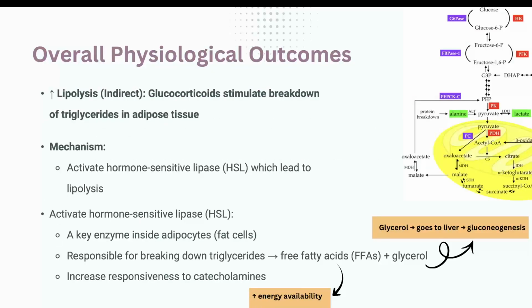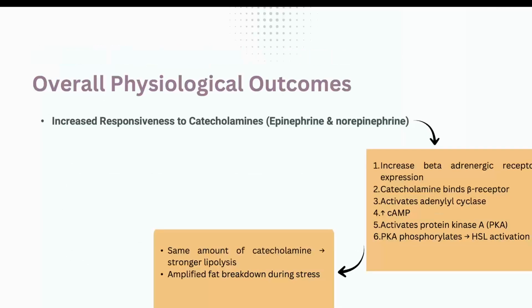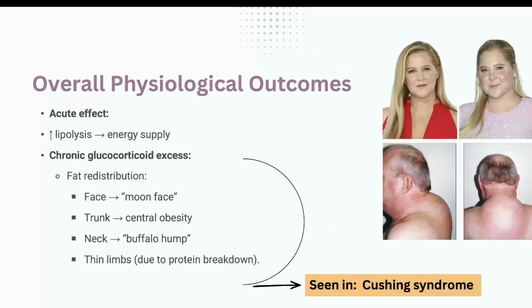So gluconeogenesis needs glycerol and needs amino acids. Glycerol is taken from triglyceride hydrolysis, lipolysis, and also the protein or amino acids are obtained from the proteolytic activity of cortisol and breakdown of proteins to amino acids.